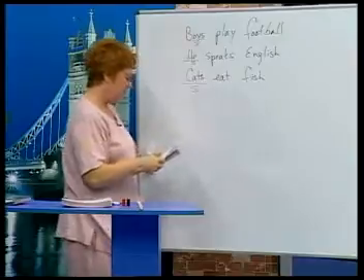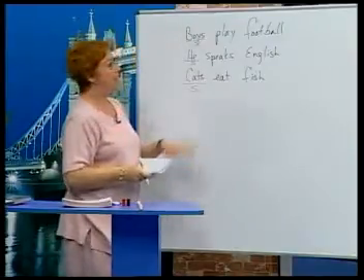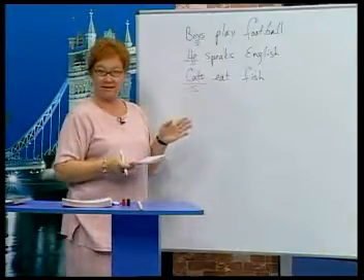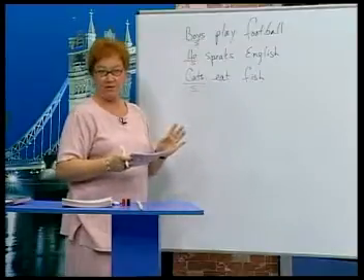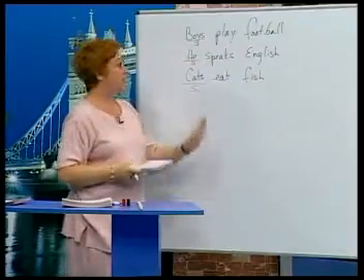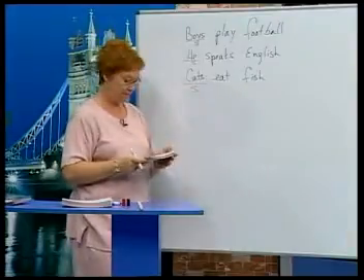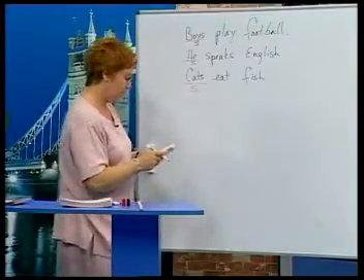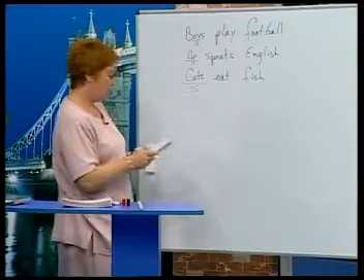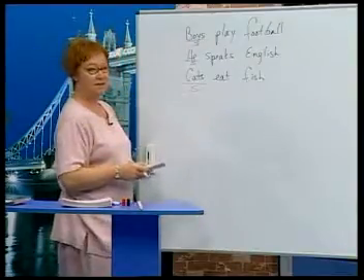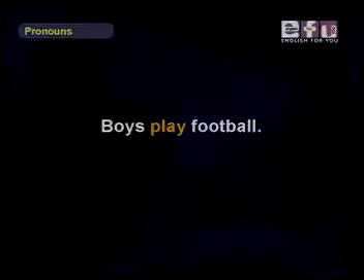All right. Now, we're going to look at the second part of the sentence, which is the verb. Now, remember, usually the verb comes second. Subject and then the verb. Okay, now look at these again. Ali, what's the verb in the first sentence? The verb is play. Yes.